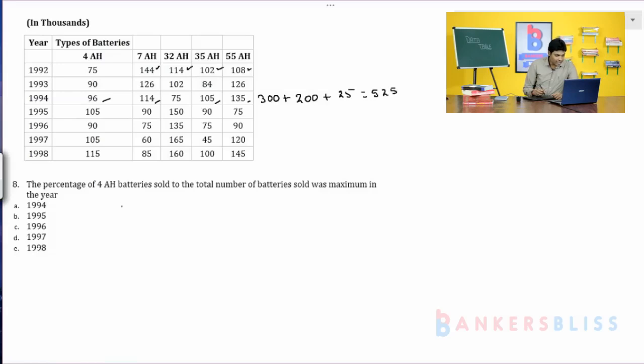So in the year 1994, you got 96, that is the 4AH battery with respect to the total, that is 525. Okay, so this is 94. Next, like that you take 95. So 95, again see here 105 you take only 100, 100, 200.